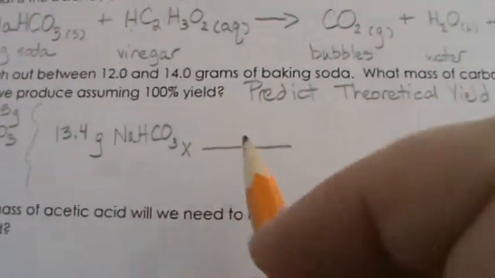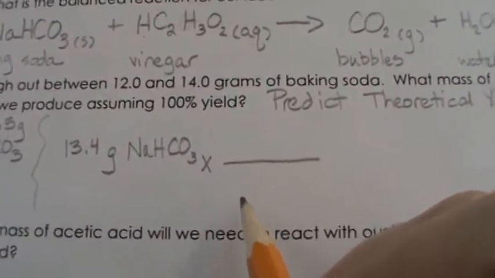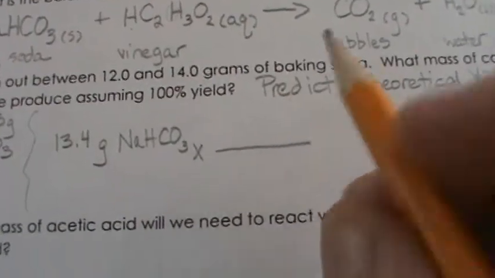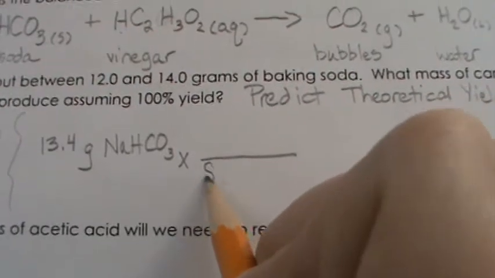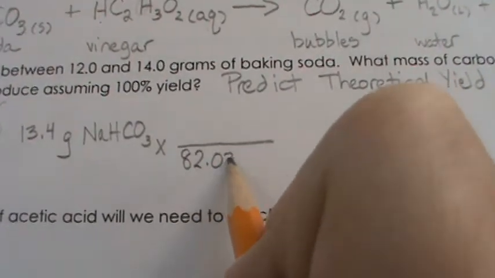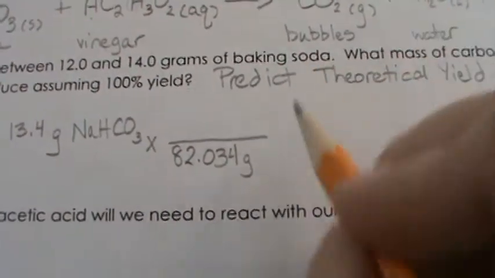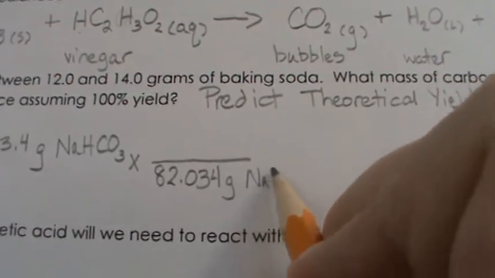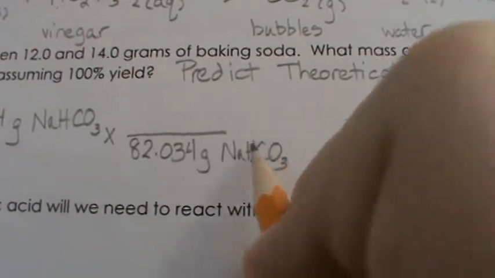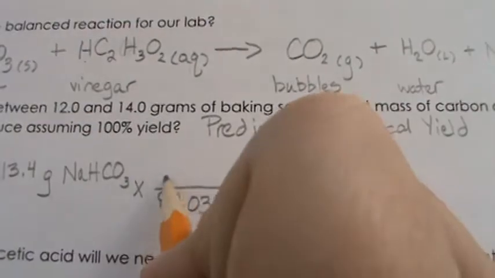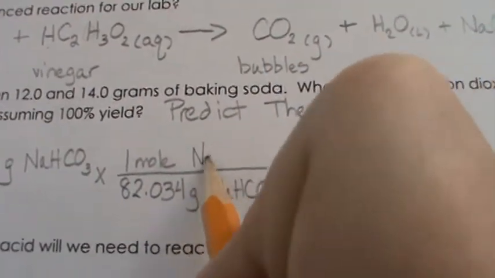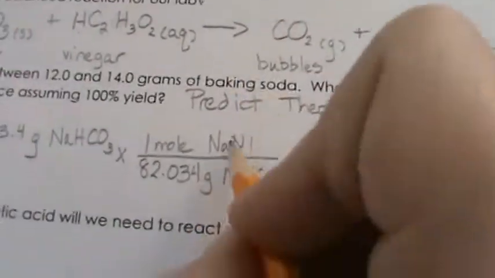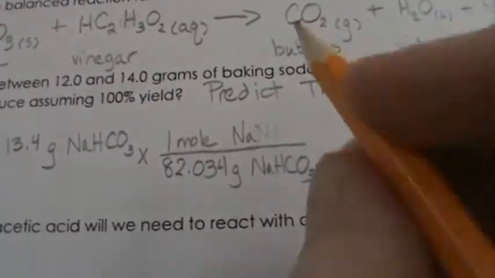Okay, so now we have the molar mass of our sodium bicarb, and that would be 82.034 grams of NaHCO3 per mole. Oop, Na. Why I always work in pencil.